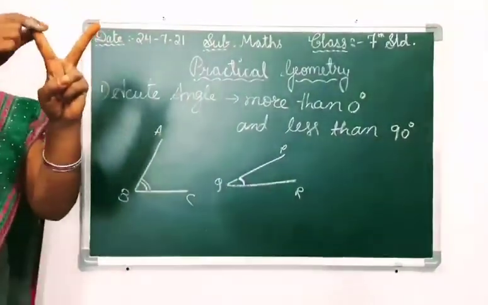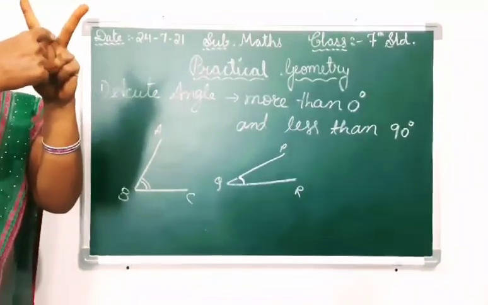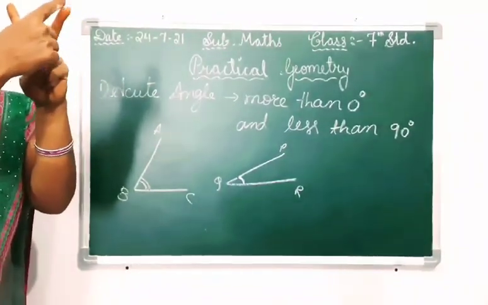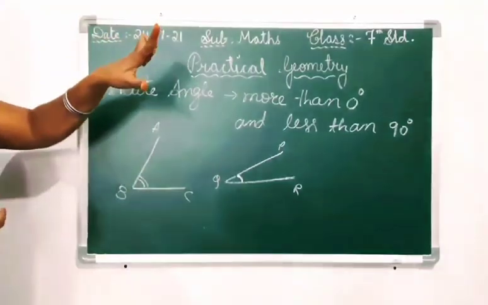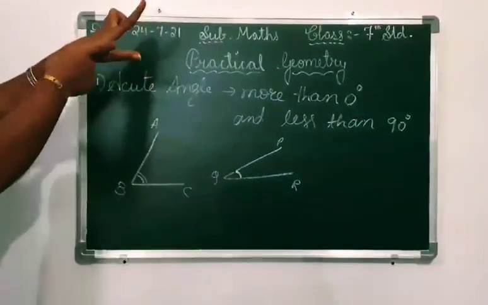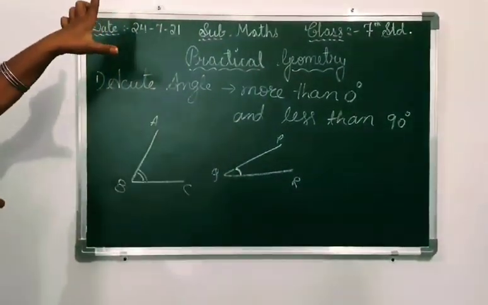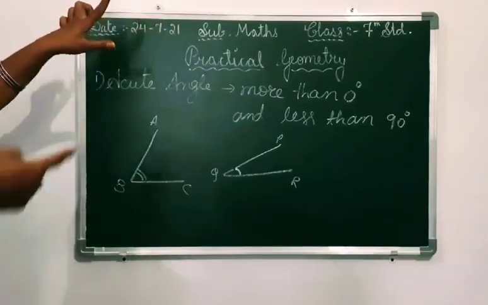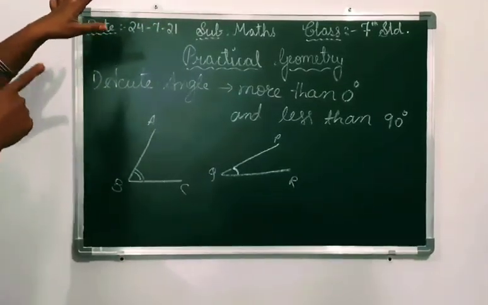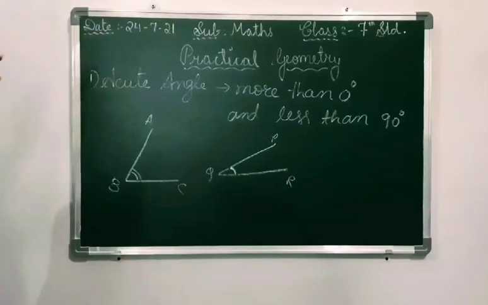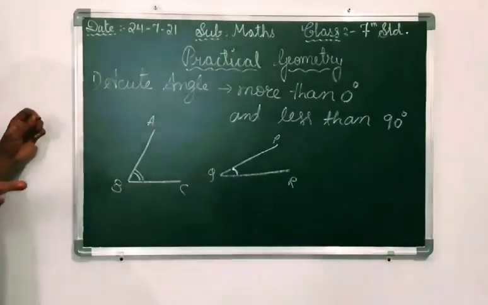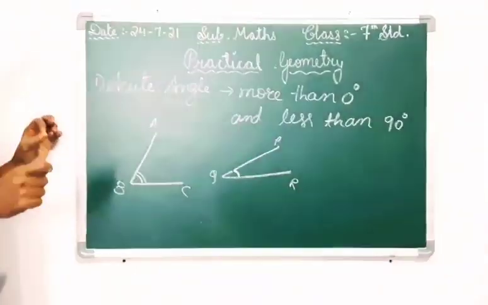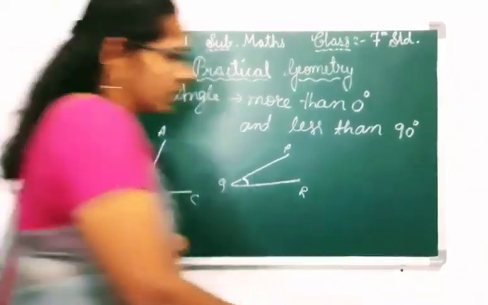If you do like this, it forms the acute angle. See this, here also it is the acute angle. But if you do this one, it shows the next angle. Acute angle means what? More than 0 degree and less than 90 degree.